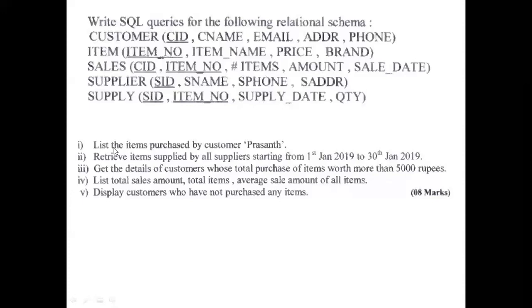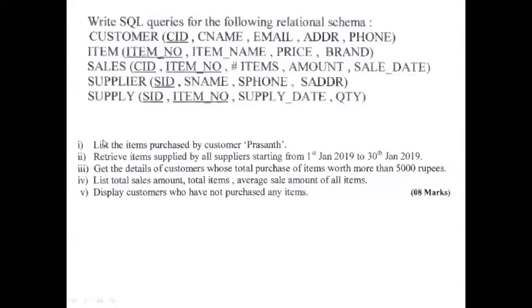Again, this is the schema that has been asked in the exam. List the items purchased by the customer Prashant. Next, retrieve items supplied by all suppliers from 1st January to 30th January 2019.